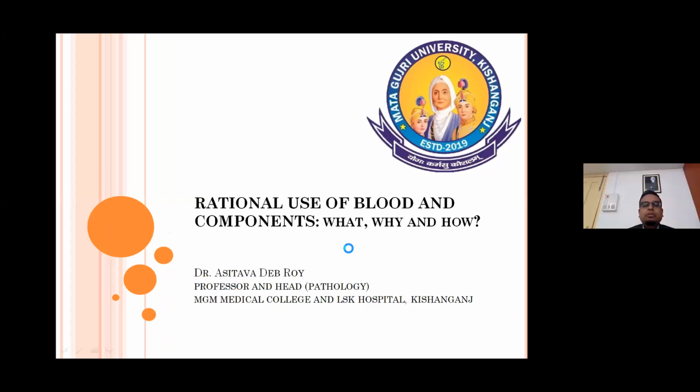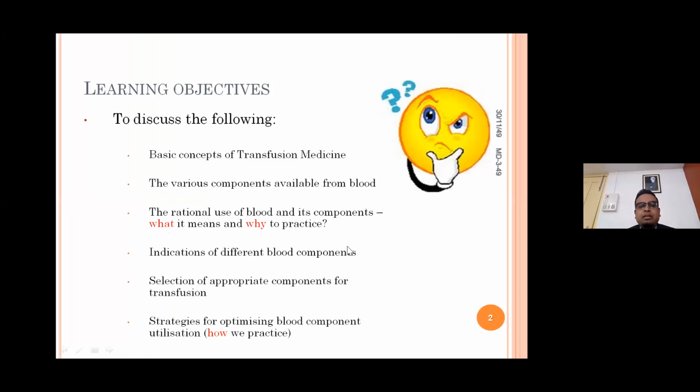So the presentation, or if we look at it as the learning objective, would be to discuss the basic concepts of transfusion medicine that are available from blood. Then the rational use of blood and its components. Now here we will discuss what it means when we talk about rational use of blood and why to practice rational use of blood.